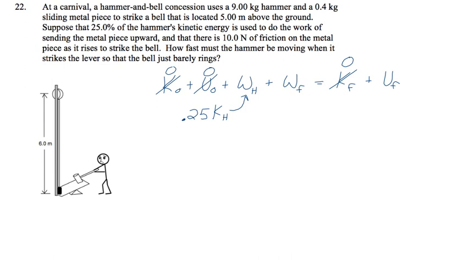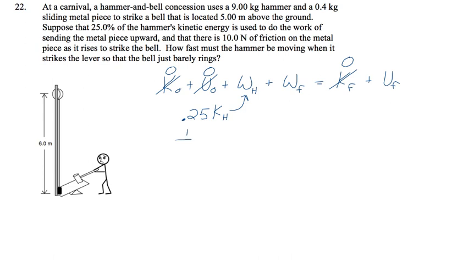So if I want, I can write this as 1/4, because I know the formula for kinetic energy is 1/2 mv squared. So I can write 1/2 times 1/4, which would be what? 1/8.